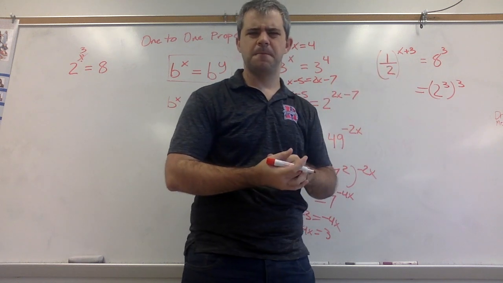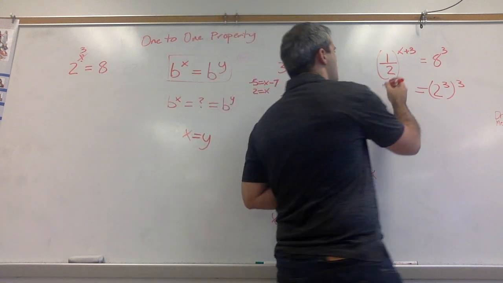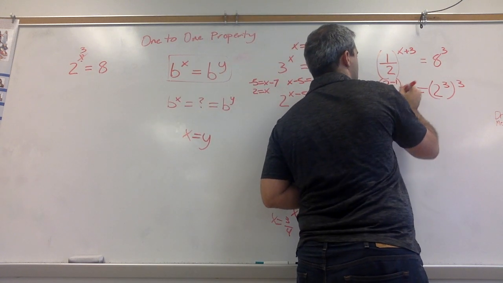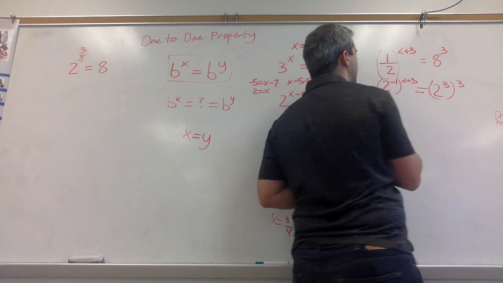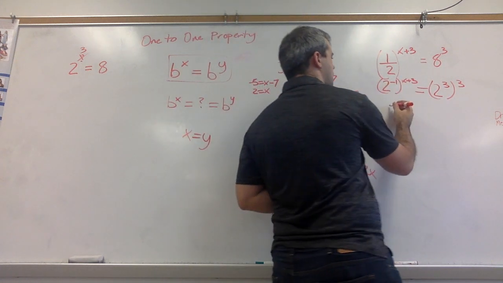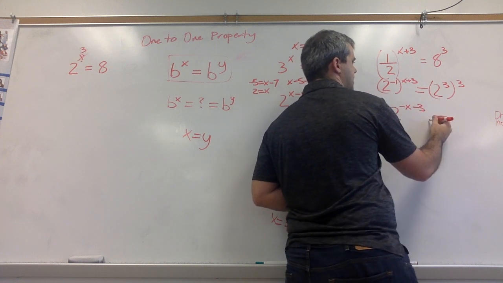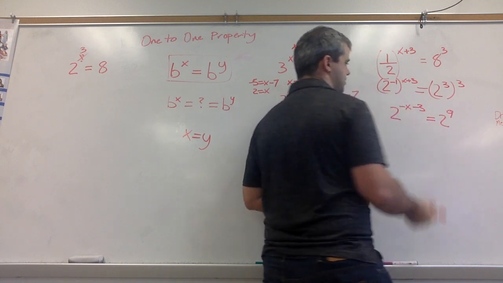Then 1/2. Remember how negative exponents do the reciprocal? So that's 2 to the -1, and then x plus 3. Well, what do we do with these? We multiply. So this is going to be 2 to the -x minus 3 equals 2 to the 9th.